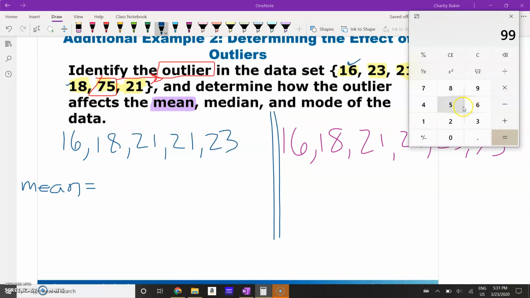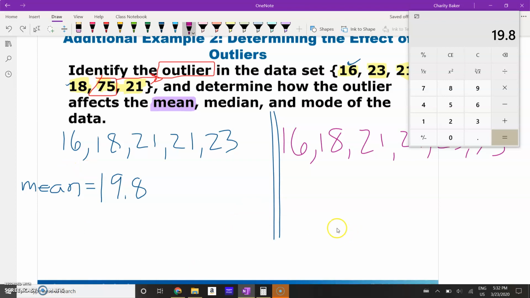So divided by 5, 19.8. So the mean of these numbers is going to be 19.8. Here's a decimal there. Messy. Okay, 19.8.